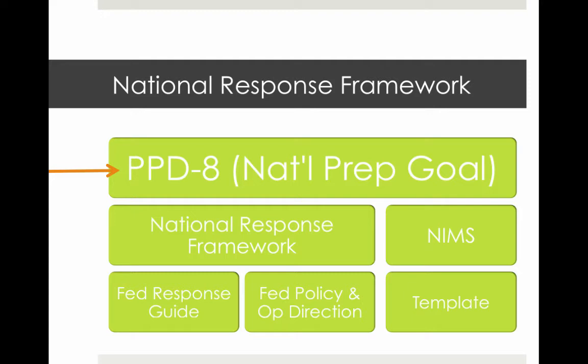As its name indicates, NIMS is a system. It provides the template for the management of incidents, regardless of cause, size, location, or complexity. This template establishes the structure, the concepts, principles, processes, and language for the effective employment of capabilities, or, of course, as you're familiar now, core capabilities.